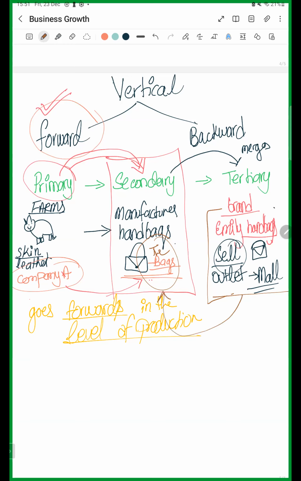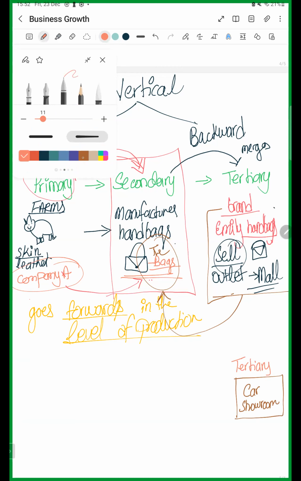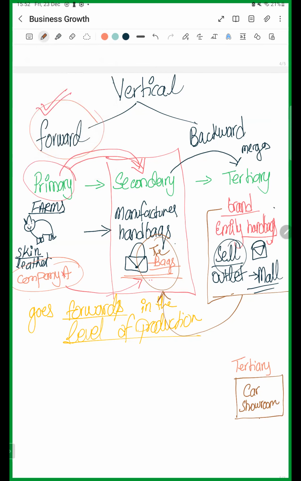So, I'll give you a different example. Let's say, for example, a car showroom is which sector? Primary, secondary, or tertiary? Tertiary. Tertiary sector. What this company has done now, they're like, hey, we're selling cars directly.